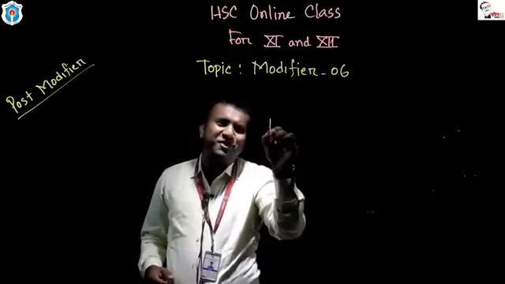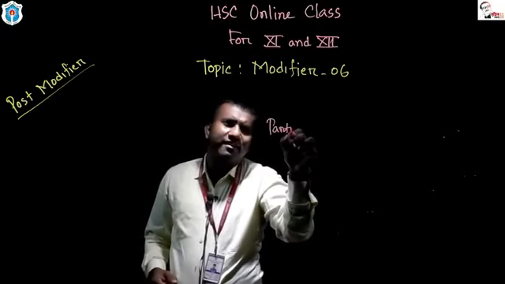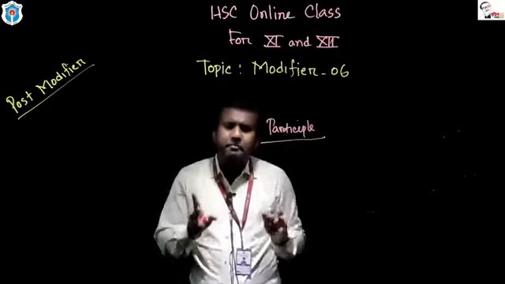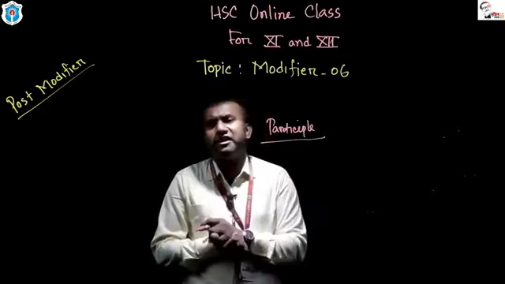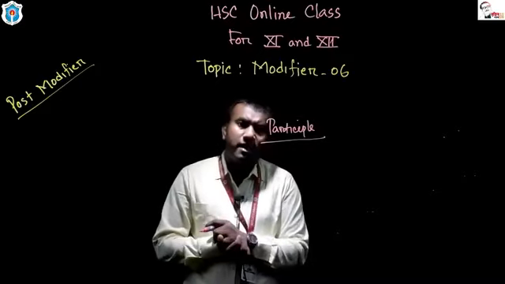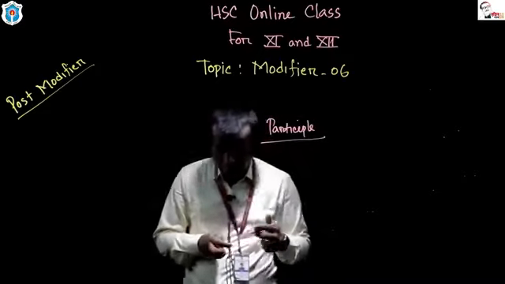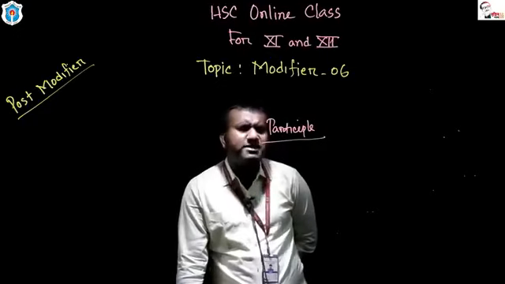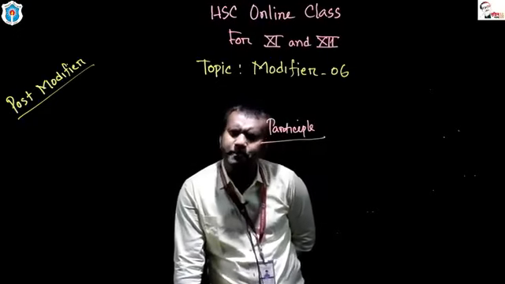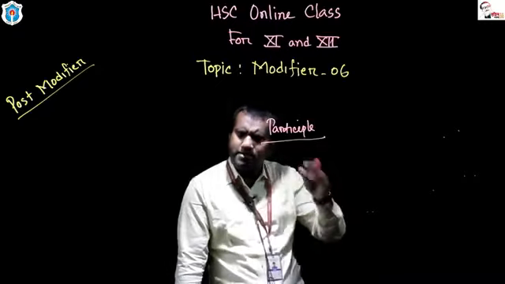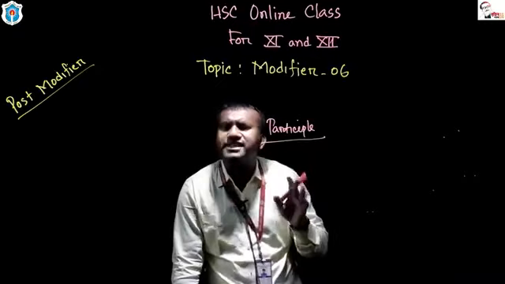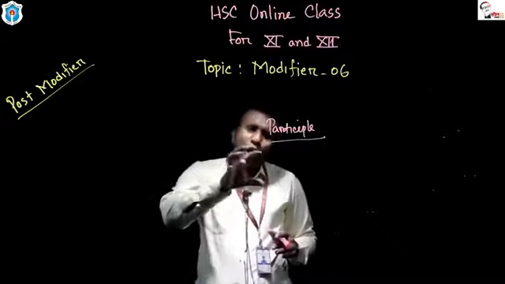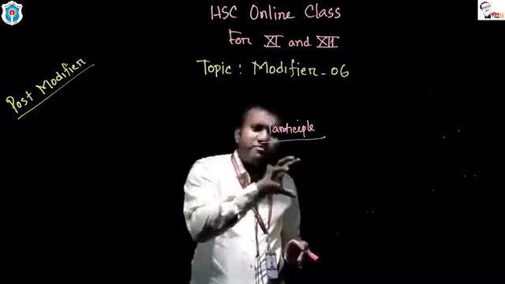Now it's time to learn participle. Like infinitive, participles are also non-finite verbs. Can I say, my dear students, that participles are the forms of verb? If it is, all participles are the forms of verb.